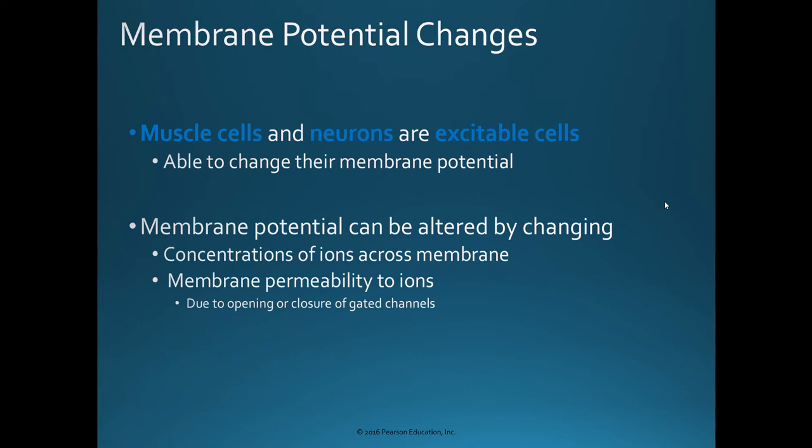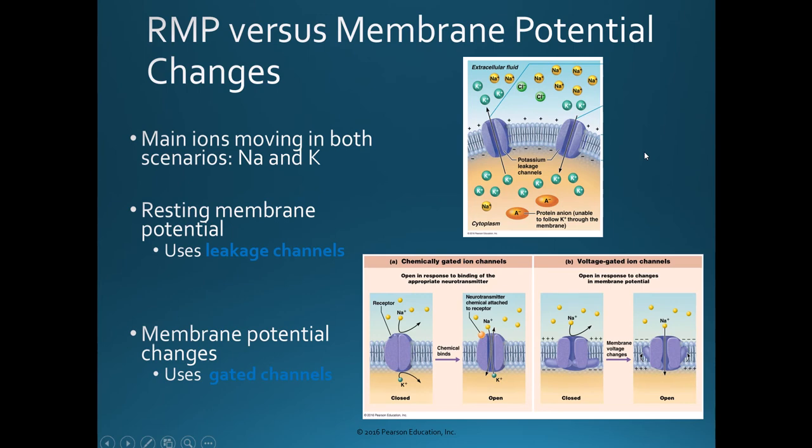And when they move through these different doors, either into or out of the cell, that changes the ion concentrations across the membrane and thus changes the membrane potential away from that resting value. So if our resting value is negative 70 millivolts, there are essentially two ways that we can change that, either up or down, as we'll get to in just a second.